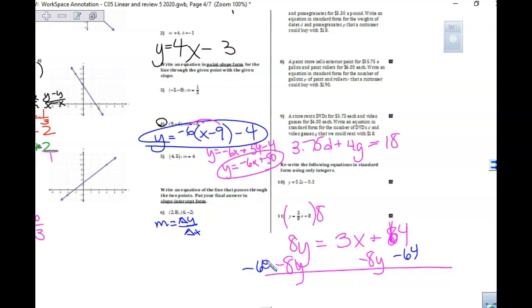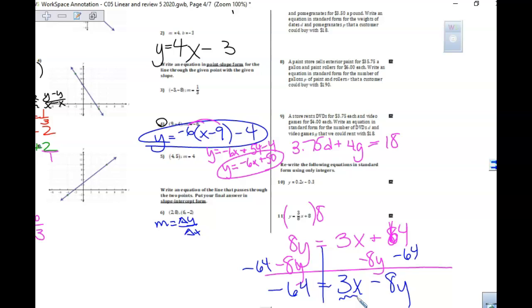We do that on this side of the equal sign, right? So I get -64 equals my x is positive, my y is negative. And does it matter if the -64 is out in front or behind it? The standard form, no. It just needs my a to be positive and no fraction.